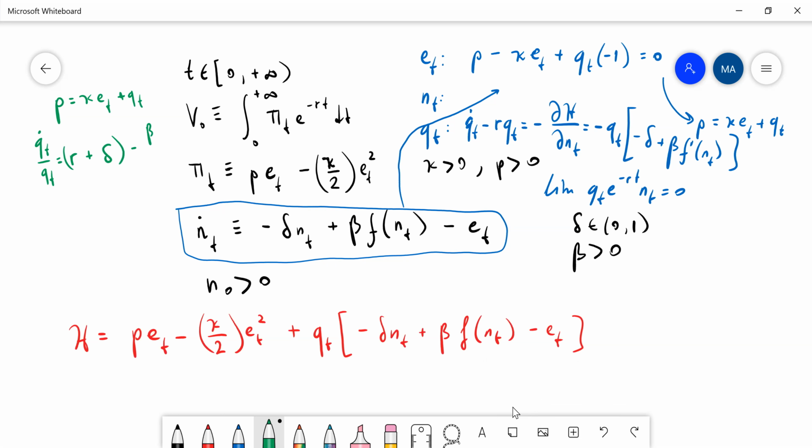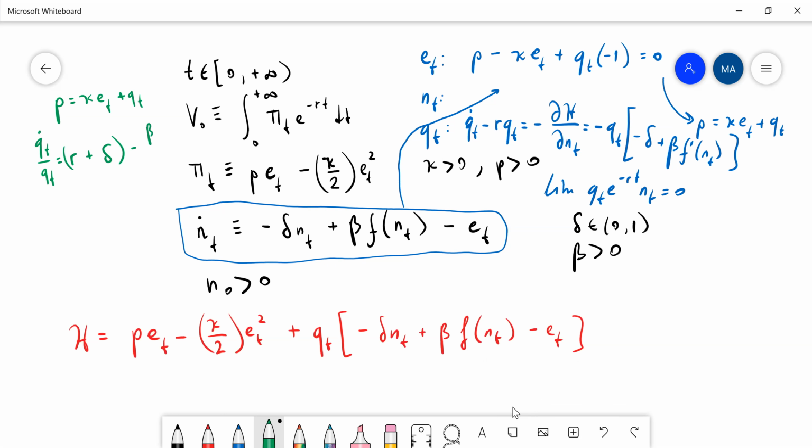So if you put this into that equation, you're going to find N dot T equals delta NT plus beta FNT minus P minus QT divided by kappa.